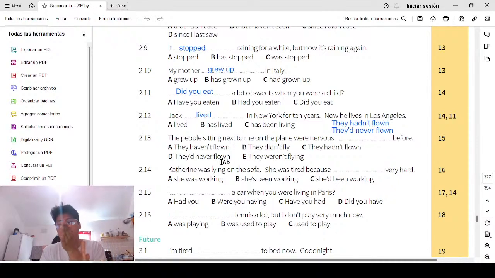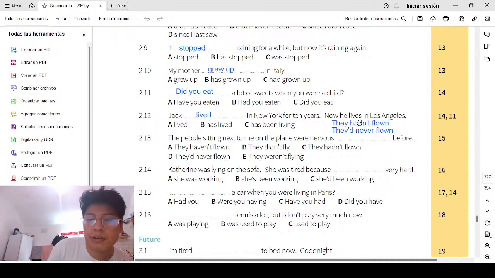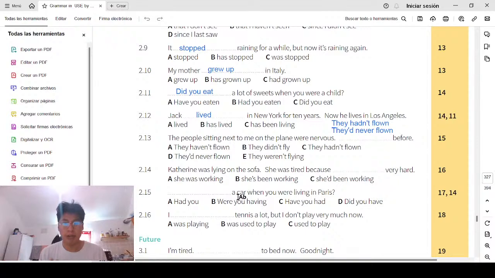So both of them are correct because we can express they hadn't flown as a negative sentence. But when you use never, we're also talking about a negative sentence. For example, they never flew. So if we use hadn't, we can't use never with hadn't in the same way, because it's like a double negation.